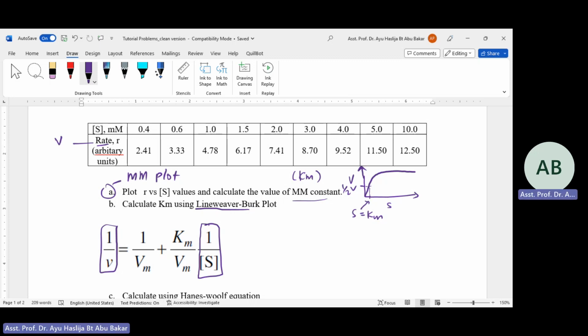Use the Hanes-Woolf equation. I copy and paste the equation.